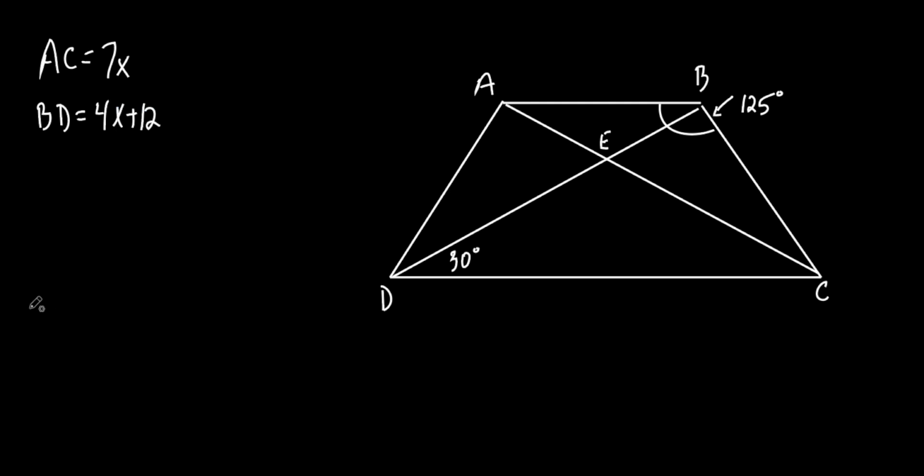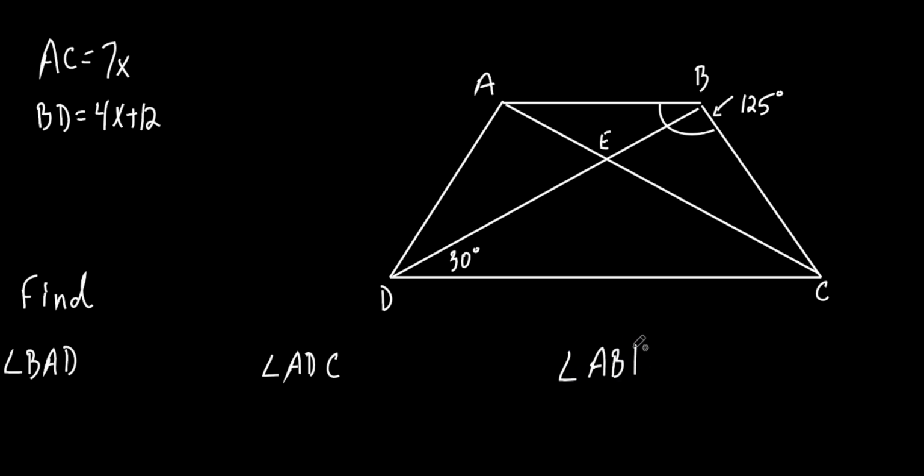So here's what they want you to find. You writing it down? You want to find angle BAD, then angle ADC, and then angle ABD. And there's a little bit more.